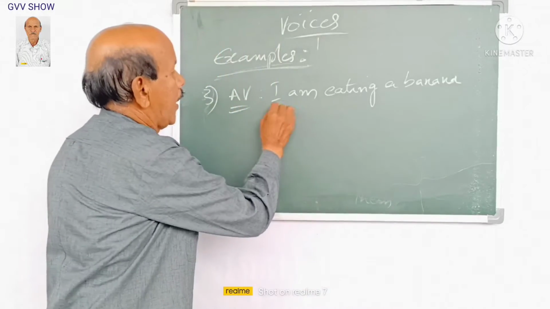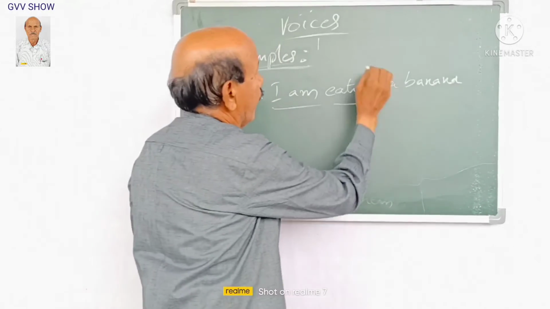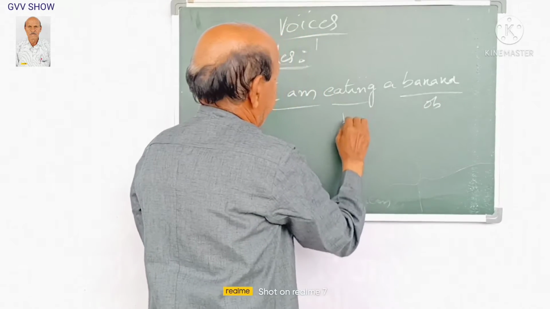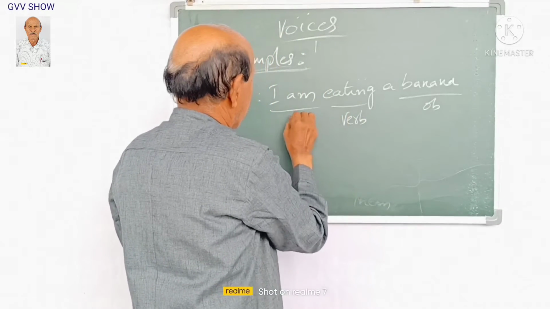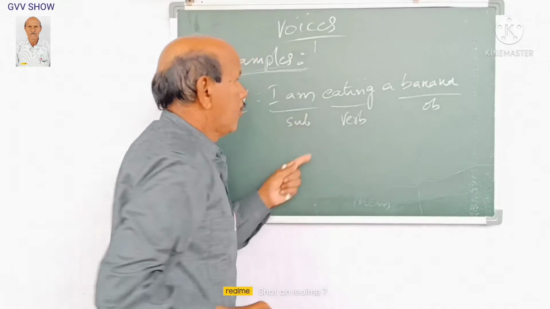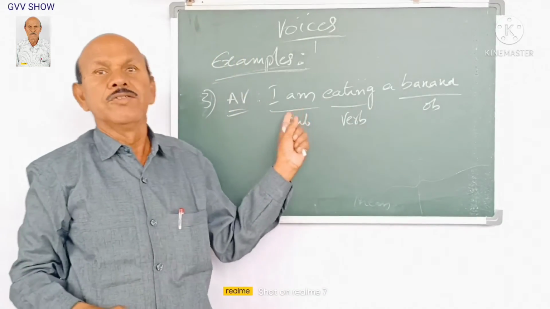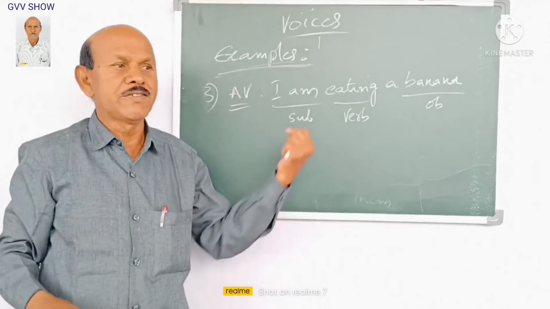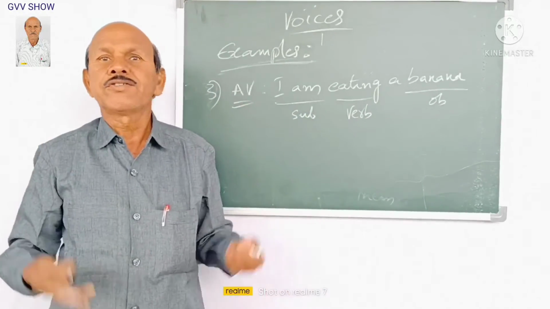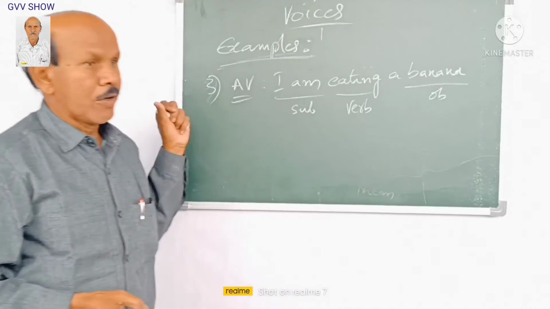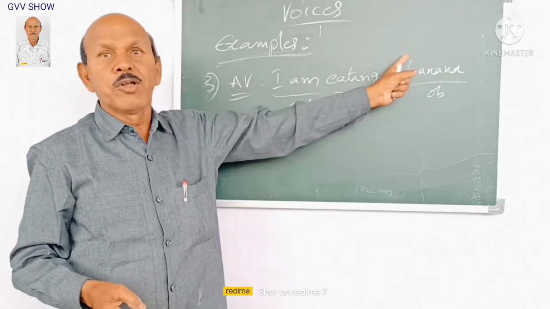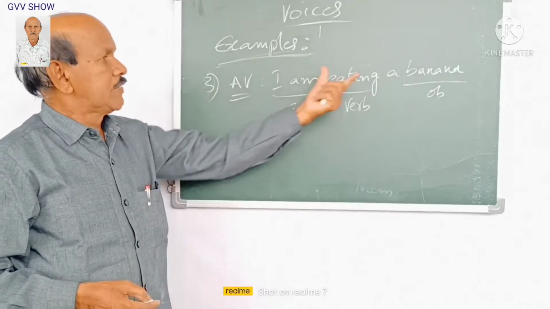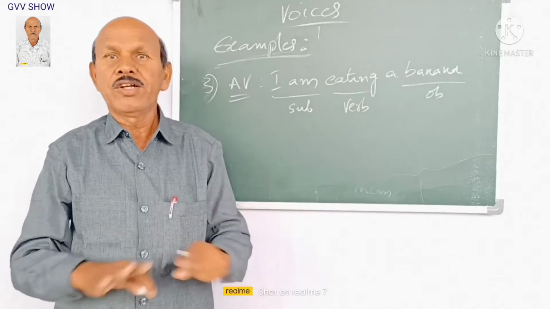Here "I" is the subject and "a banana" is the object. Why do I always write this underline for subject and object? Because when you understand this sentence, you will easily understand English grammar. So I am eating a banana. It is an active sentence. Why are we calling it active voice? The sentence is active, not passive.